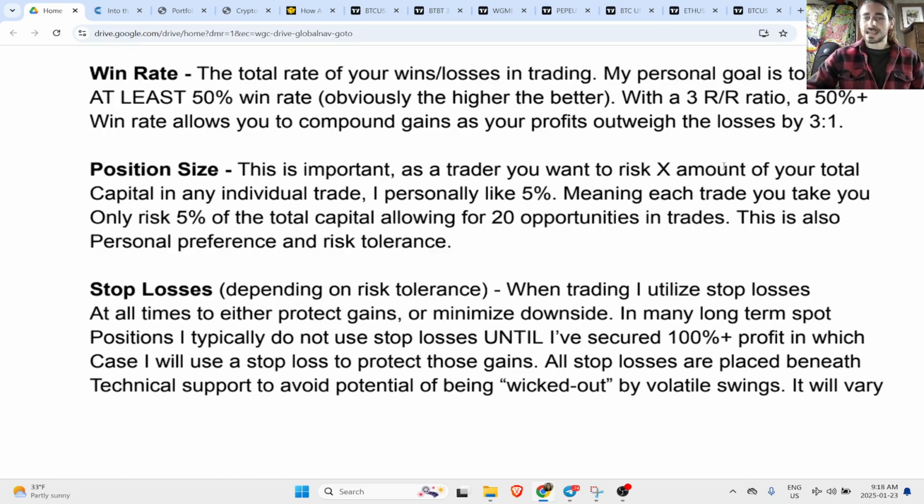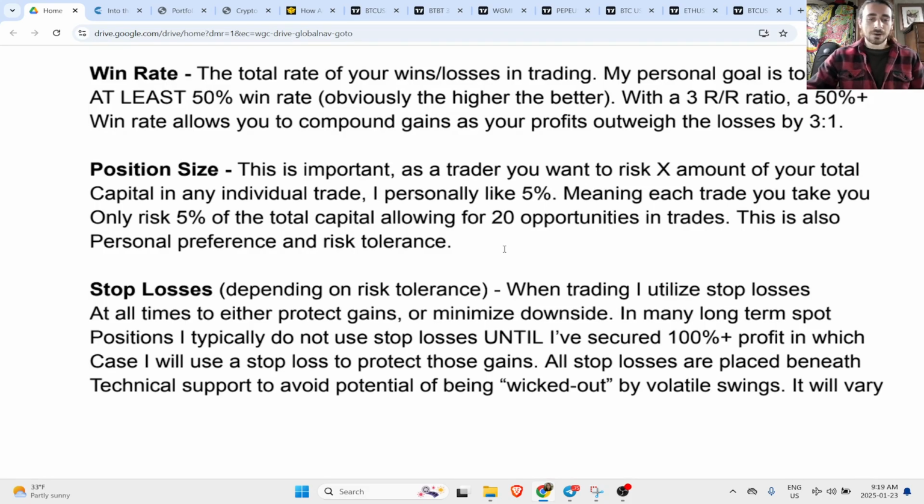Position size is important as a trader. You want to risk a set amount of your total capital in any individual trade. I look at about 5%. If I have money set aside for trading, I'm looking at about a 5% risk per trade, meaning I have 20 opportunities in those trades before I've lost the capital I put aside. It's essentially giving yourself more opportunities.